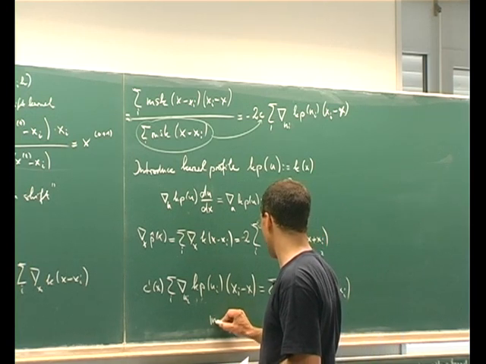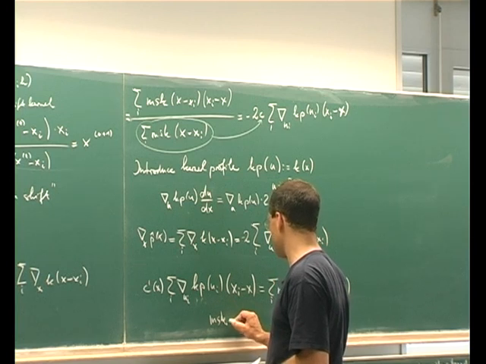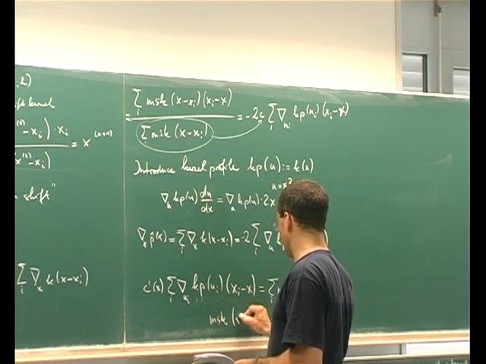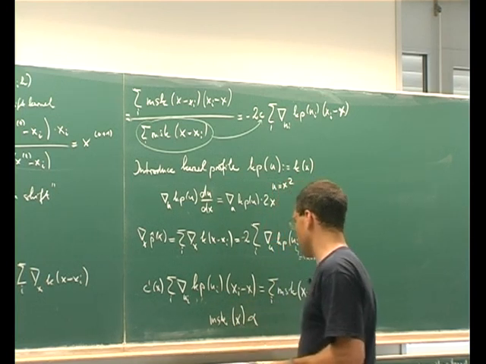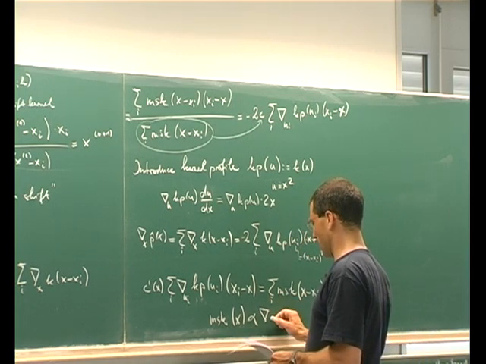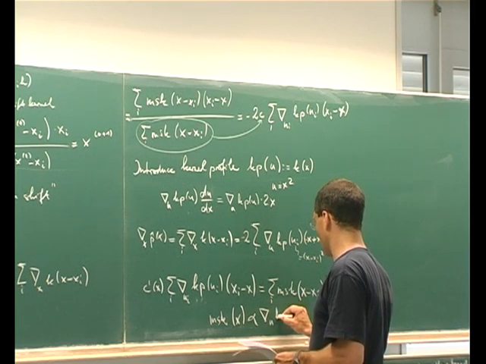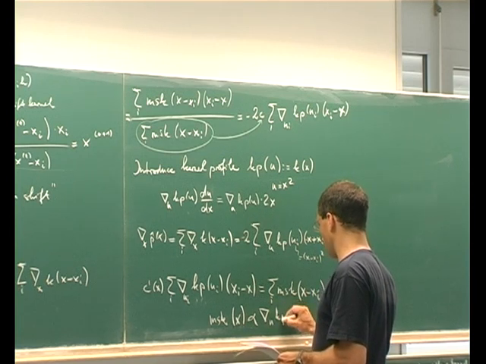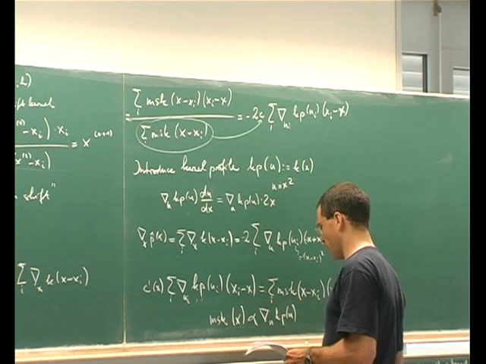shift kernel of x is proportional to the gradient with respect to u of the kernel profile of u.